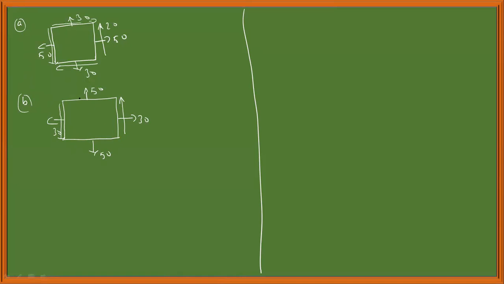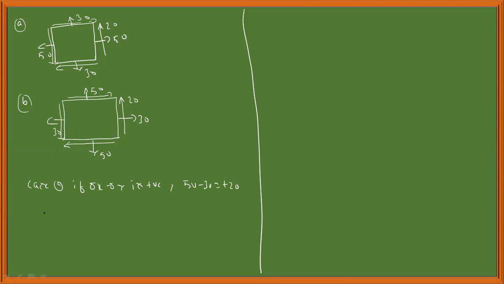This is very simple, you can easily remember it. See, in the first case, case A, if sigma x minus sigma y is positive, in this case 50 minus 30 is equal to plus 20.